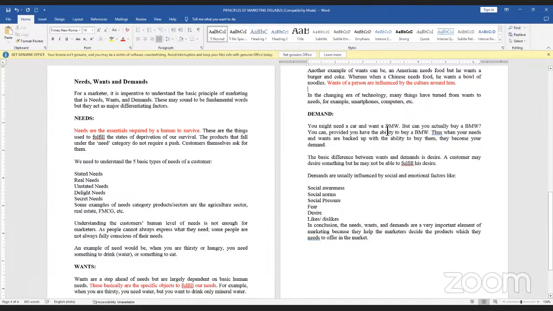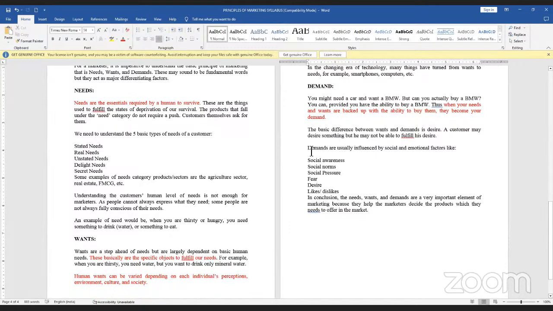When your needs and wants are backed up with the ability to buy them, that forms your demand. So demands are usually influenced by social and emotional factors. When you demand, you are social and emotional.